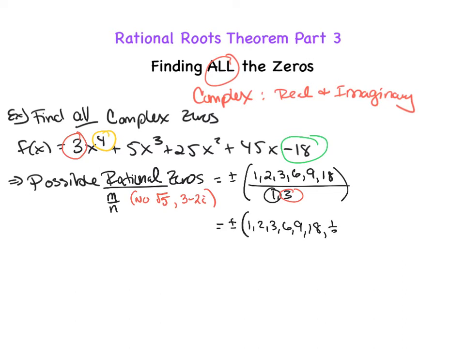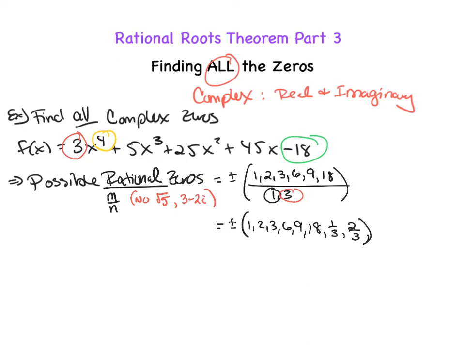So we definitely do not have 1 over 3 or 2 over 3. 3 over 3 is 1. We have that. 6 over 3 is 2. We have that. 9 over 3 is 3. We have that. And 18, I want to make sure I didn't miss anything. 18 over 3 is 6. We have that. So we're good with our list.